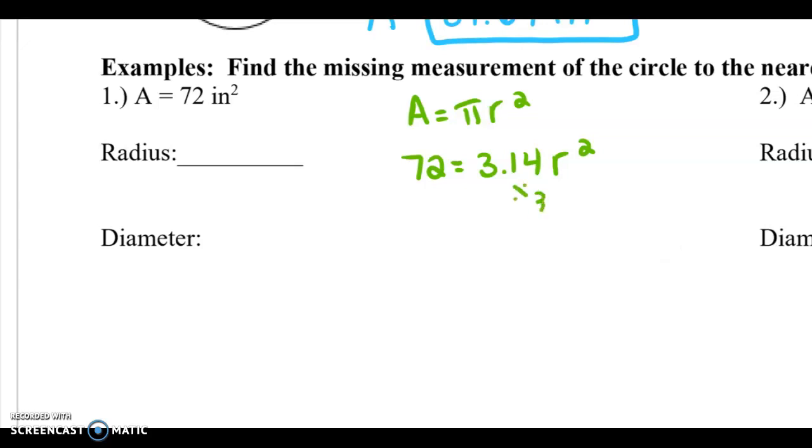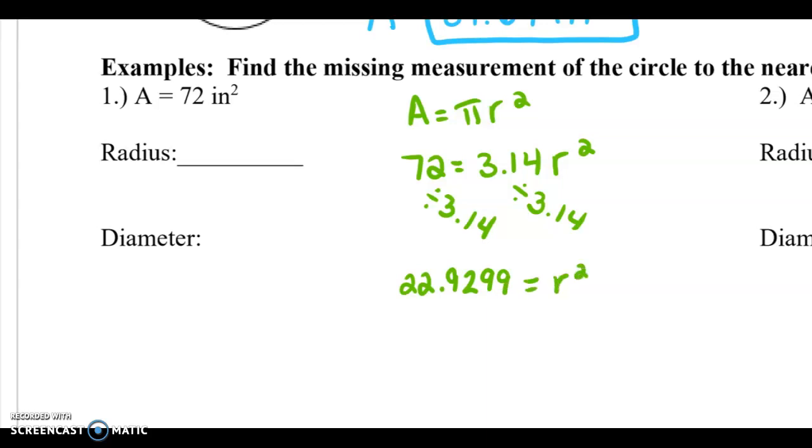Divide by 3.14. So in my calculator, 72 divided by 3.14 gives me this crazy decimal, 22.9299, and so on, equals r squared.